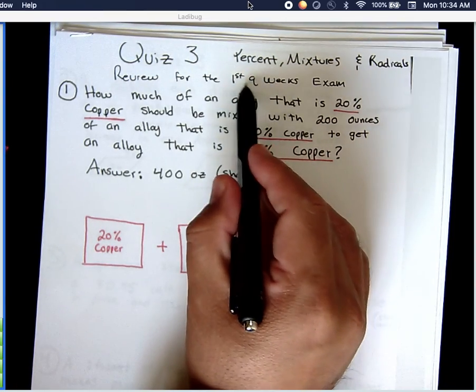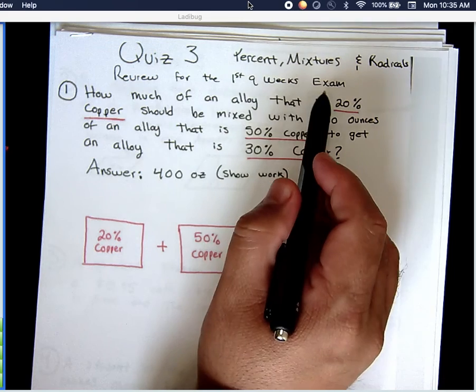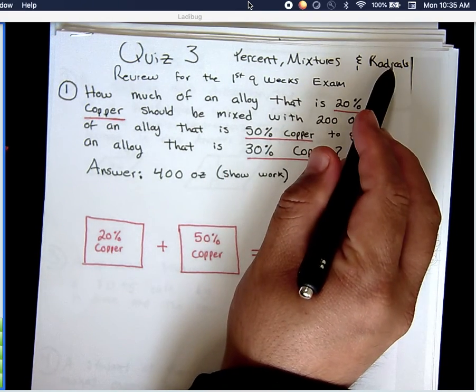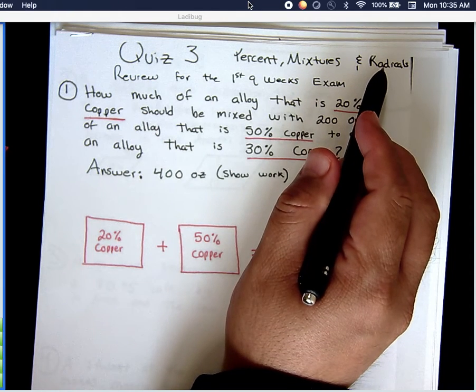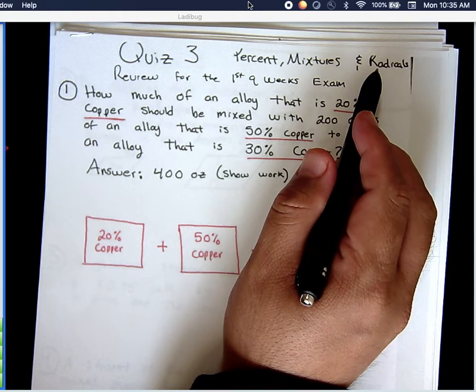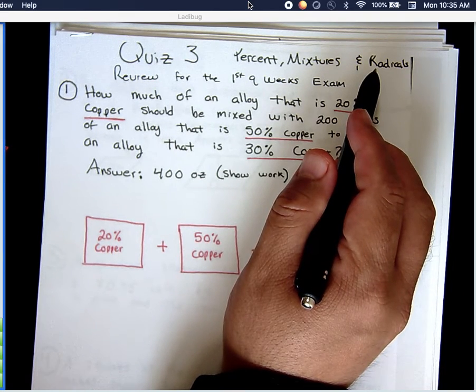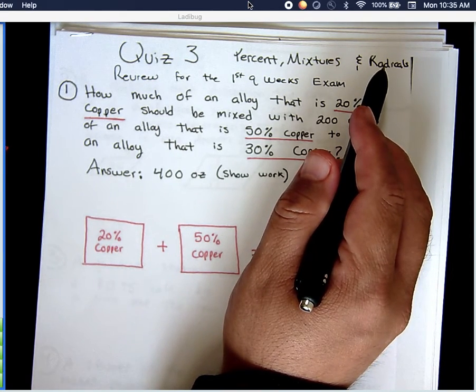The 9 weeks exam consists of percent mixtures and radicals, and it also has exponent questions and simplifying expressions using PEMDAS, the order of operations.